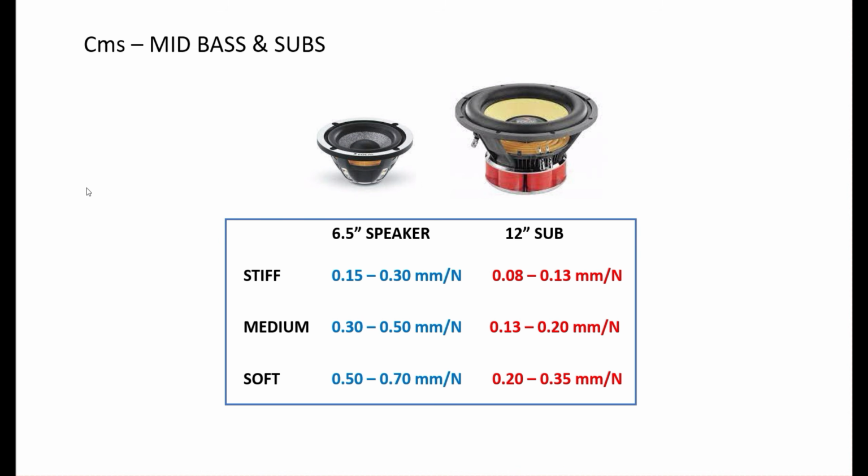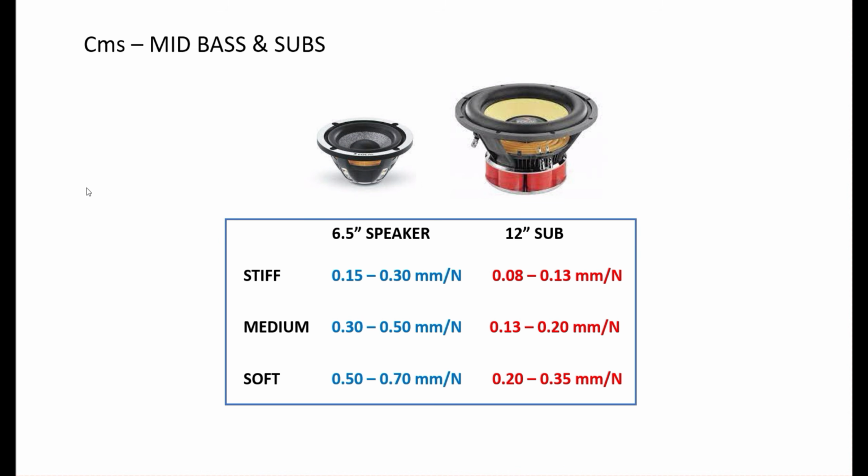Then you really want to look at a CMS of less than 0.3 because you want a stiff mid bass in an enclosure, right? If you're going to put the mid bass in the doors in the rings and vent it into the door void, then you want a pretty soft mid bass, something with a CMS greater than 0.5.